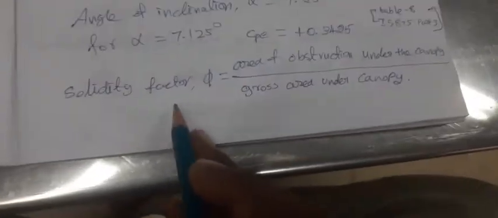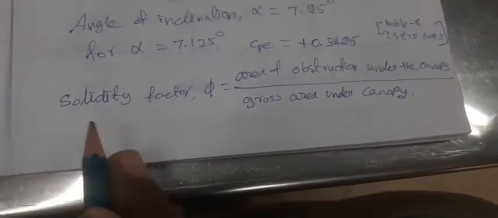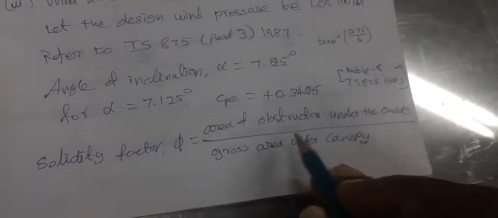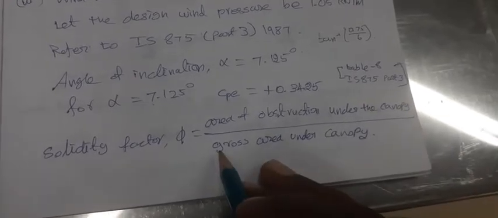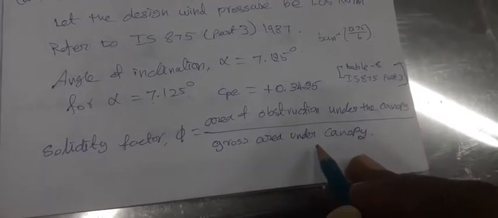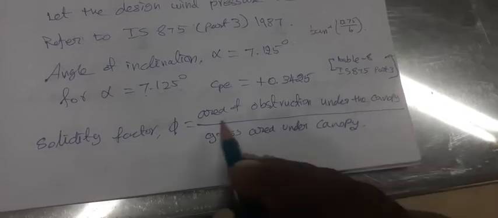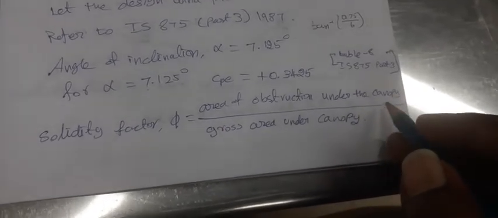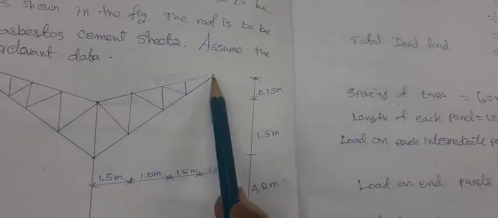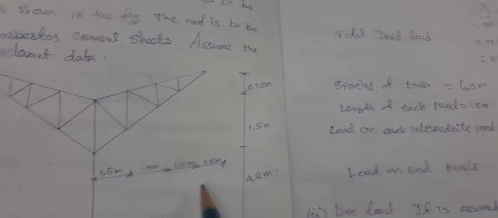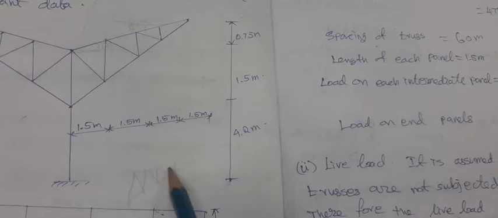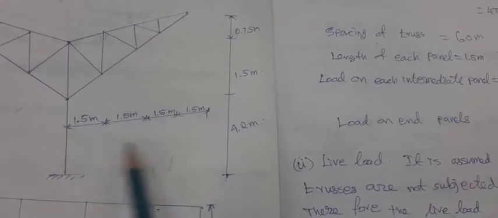Solidity factor phi. Solidity factor is nothing but the area of obstruction under the canopy divided by the gross area under the canopy. The area of the obstruction under the canopy means, here we know this is the roof truss area. It is directly projected to this much area.